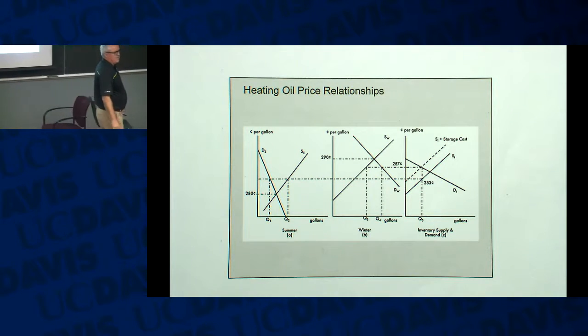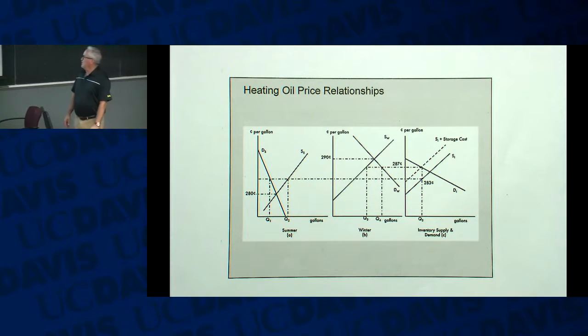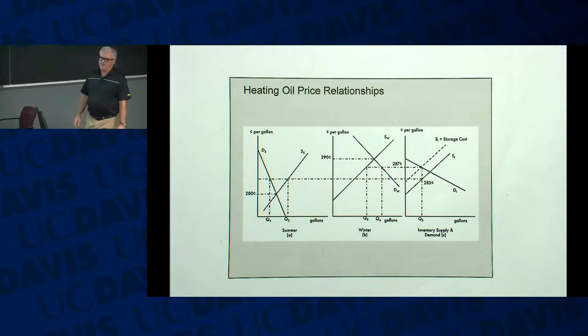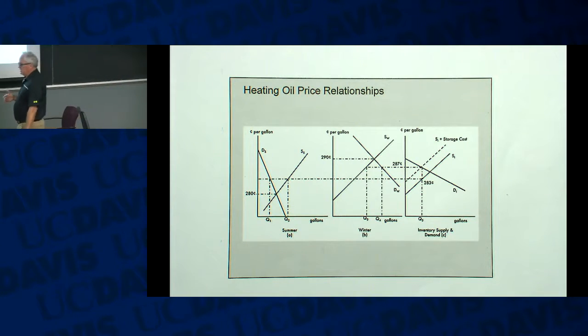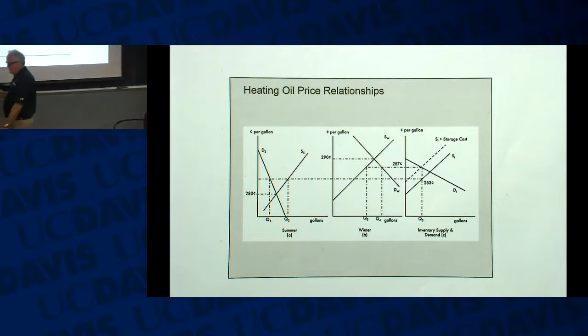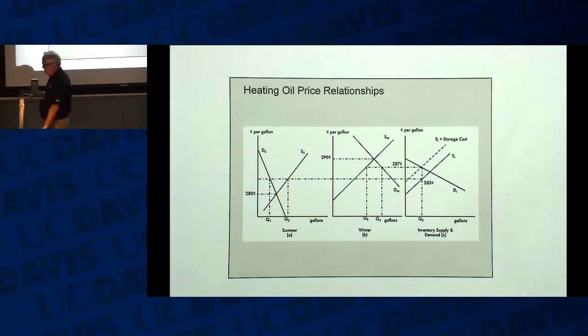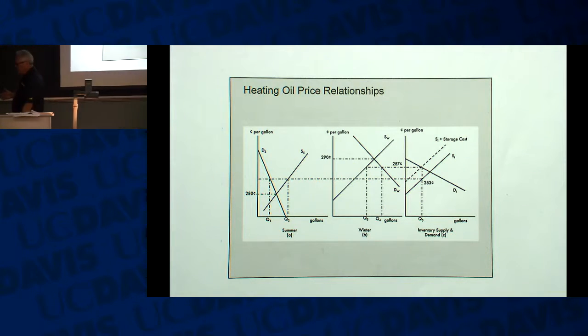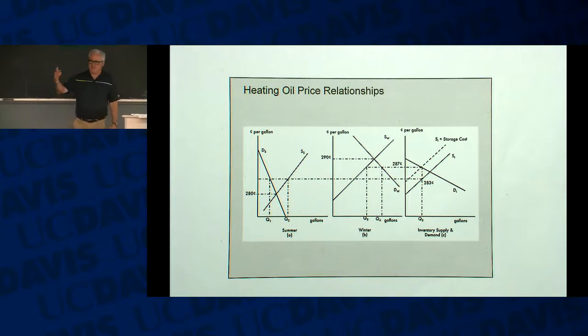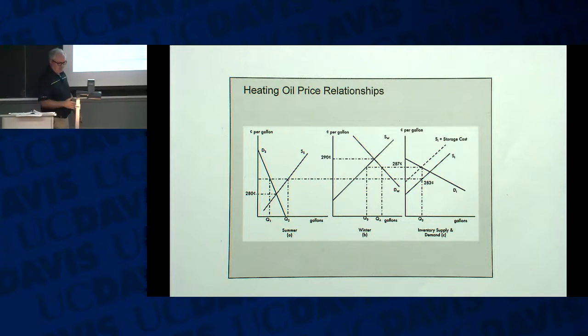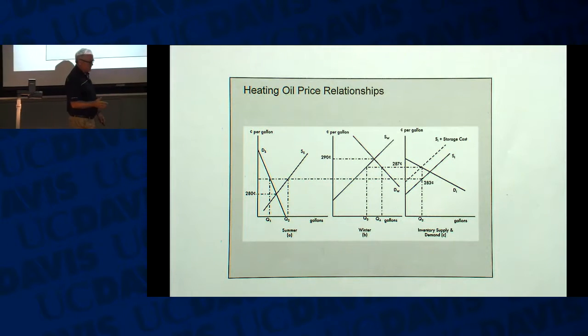And you know that in the case of heating oil, the winter season is going to have a high demand relative to the summer, because that's when we're heating the buildings and the homes. The supply might not be that much different, but there could be a difference. But you know that these oil refineries tend to run continuously, so they're producing so much heating oil every week.